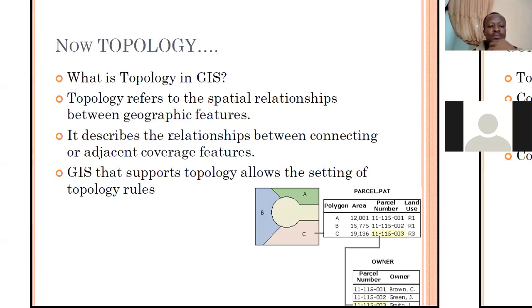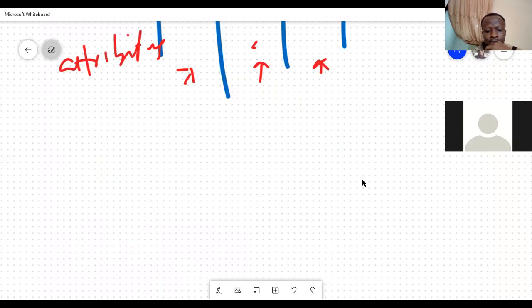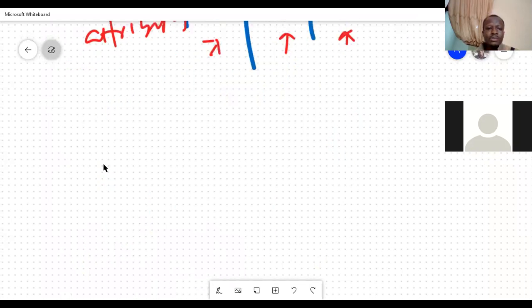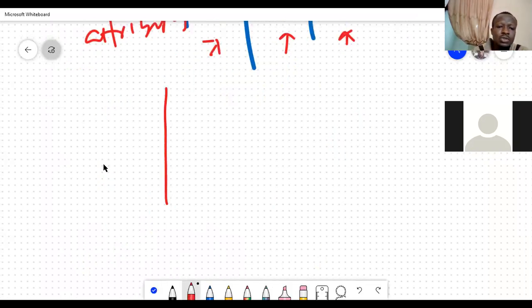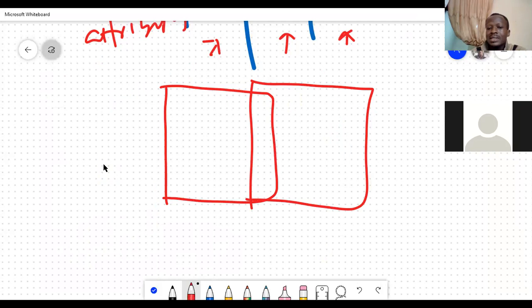All right. I want to go back to the board and describe it more to you. Before I go to the theory, I'll go back to the board. If you have, for example, a parcel of land, you can never have a situation like this. This is where people start fighting. We can agree on a common boundary.